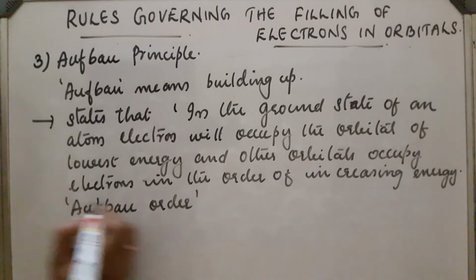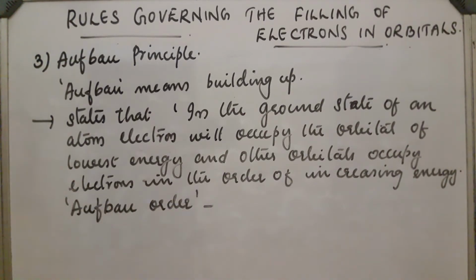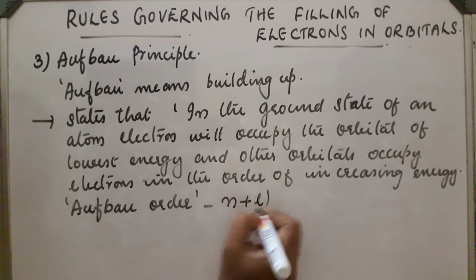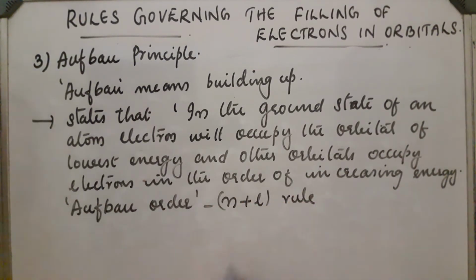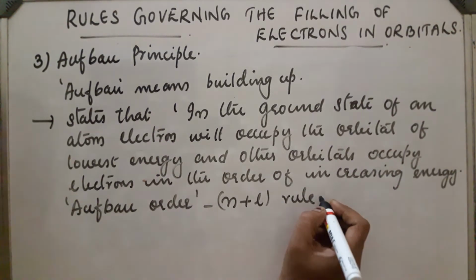And here the n plus L rule is followed. The n plus L rule is followed to arrange the orbitals in the order of increasing energy. We already discussed this n plus L rule.